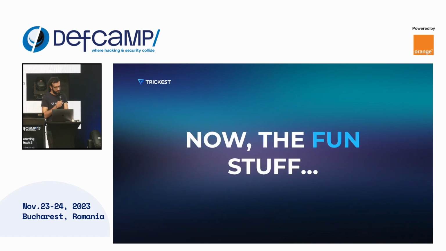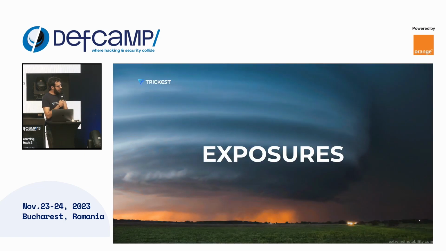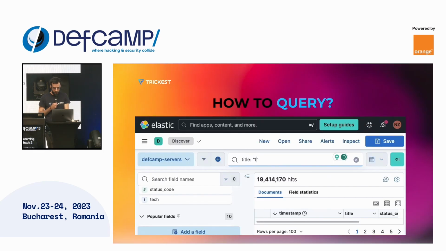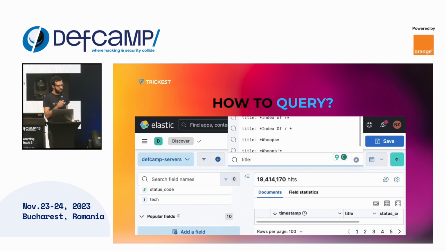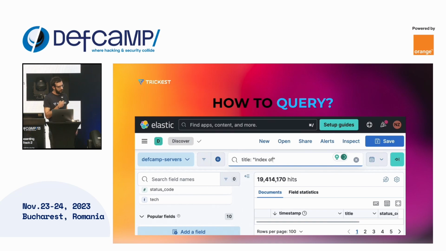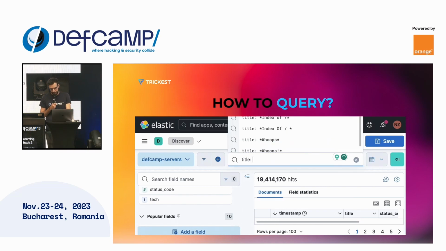Now the fun stuff. The exposures. This is the way to query. You enter just a key and the value for a key, and you would get all of the results: all of the IPs and ports and web services which have this title or any other key inside.